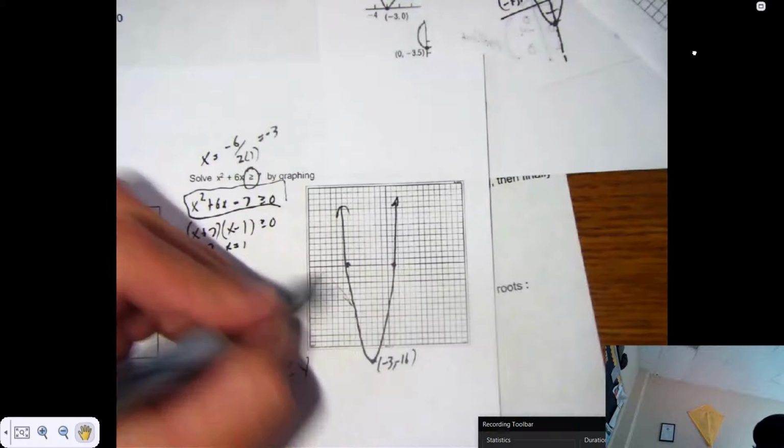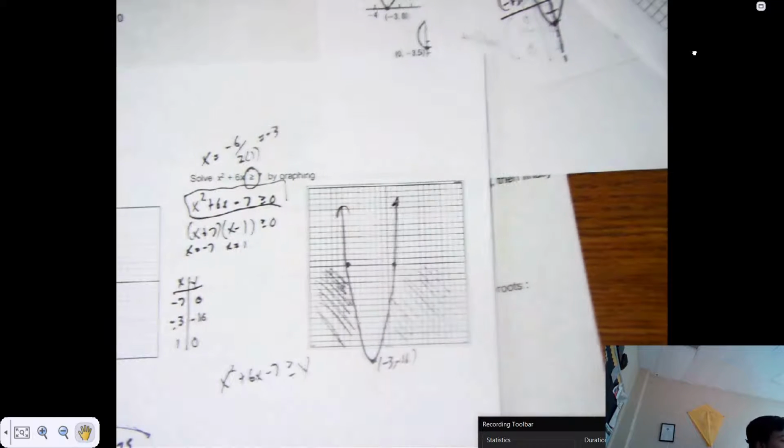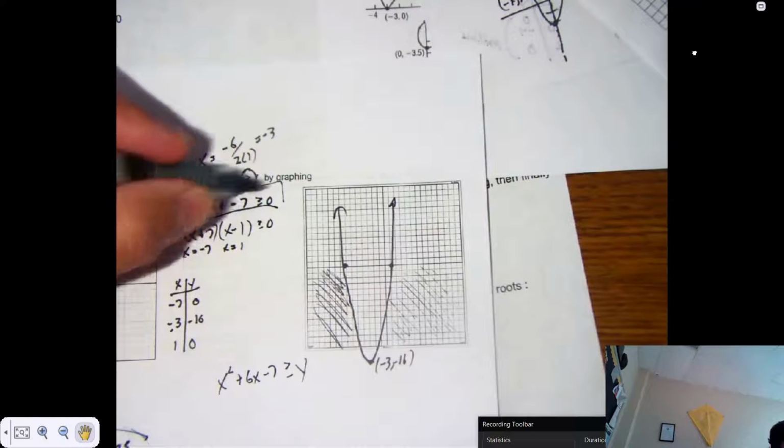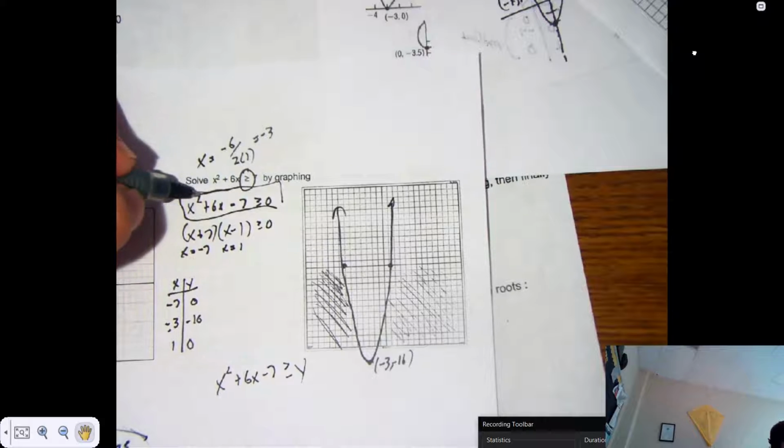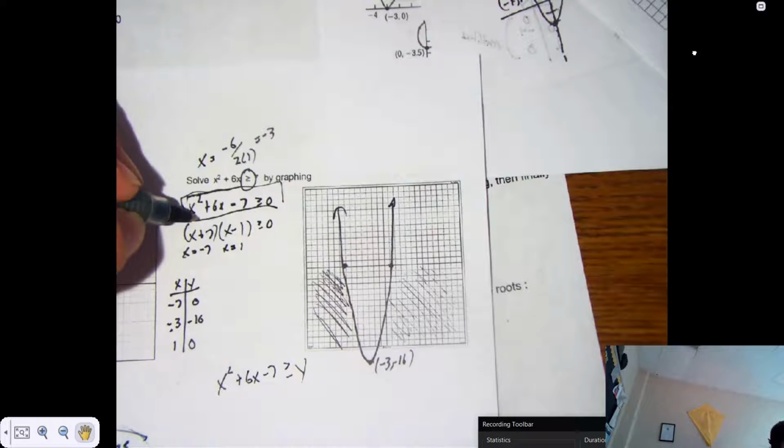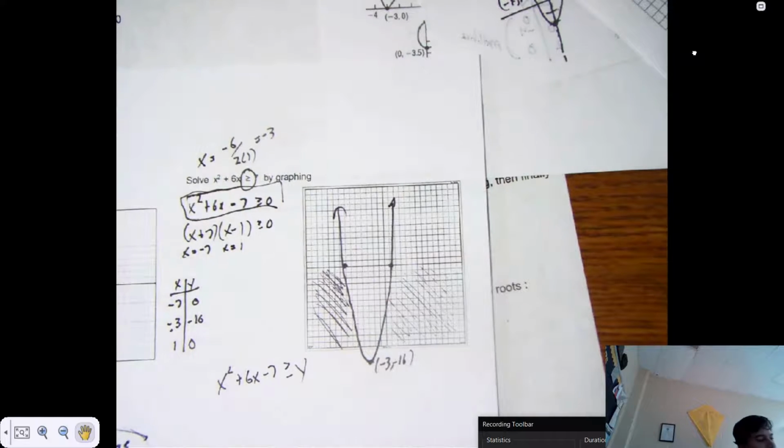Now, I'm actually going to stop right here. Maybe I shouldn't have done this. Sometimes I do things I don't mean to confuse you, but it might. That's completely wrong. See, that's why I shouldn't have done that. Should not have done that. Erase all those marks.